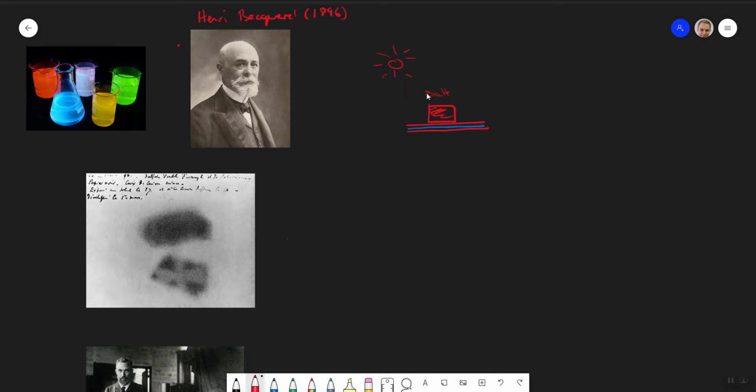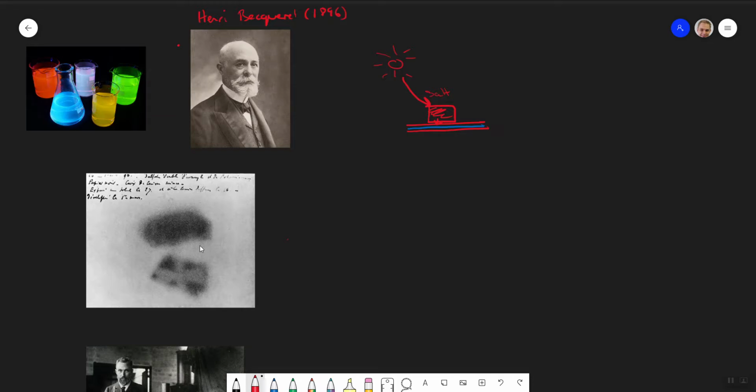The idea is that the salt will absorb some energy, then re-emit it as visible light, and that some of that energy will be enough to get through and darken the photographic film. Now, he does this with a uranium salt, with pitchblende, and he finds that it's darkened.